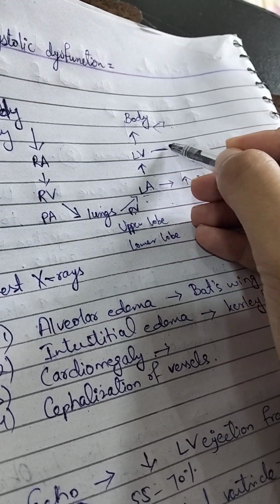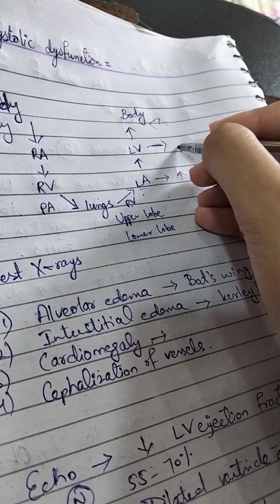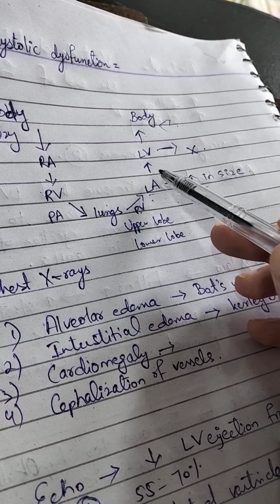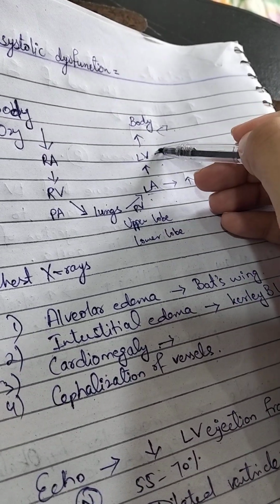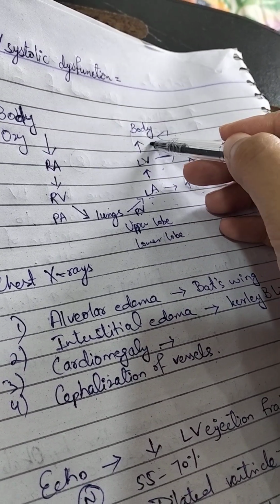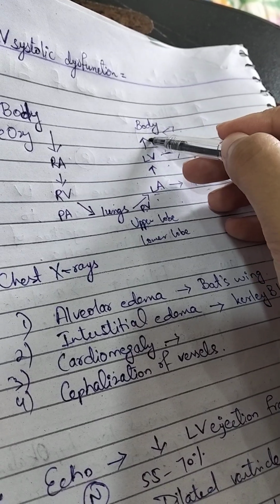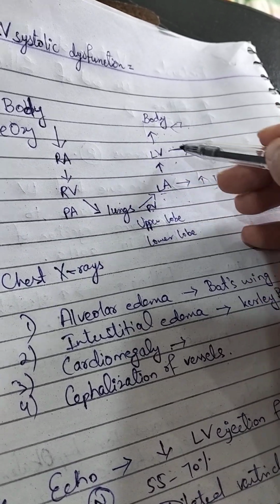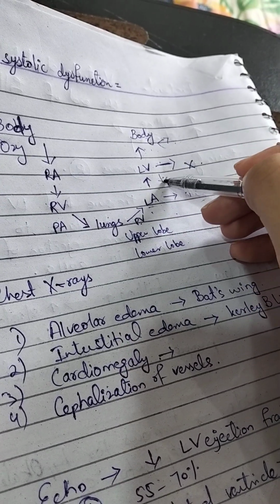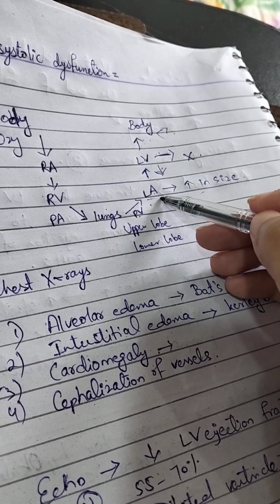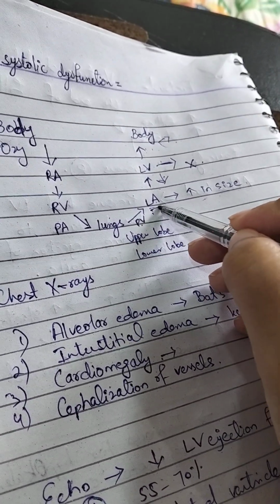So what is the problem here? The left ventricle is out of function, it's not working properly. So the blood can't cross away from the left ventricle, and it starts backing up. What is affected in the first place?